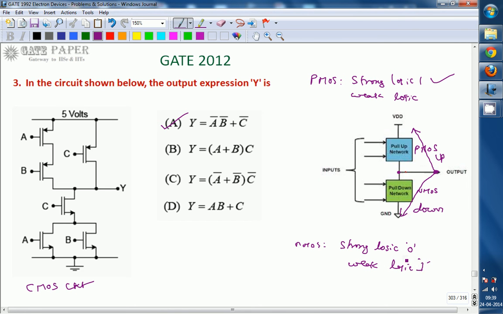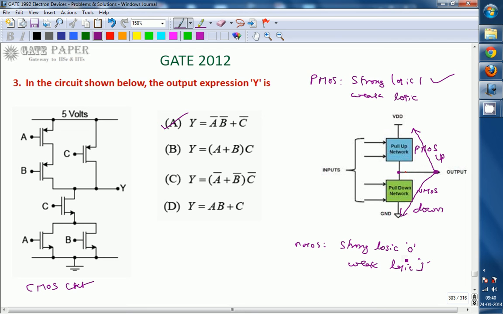So to make the output node go towards 0, NMOS transistors are used, because they give strong logic 0, and whenever the output node is pulling towards logic 1, PMOS transistors are used. That's why the pull up network always consists of PMOS, and the pull down network always consists of NMOS transistors.